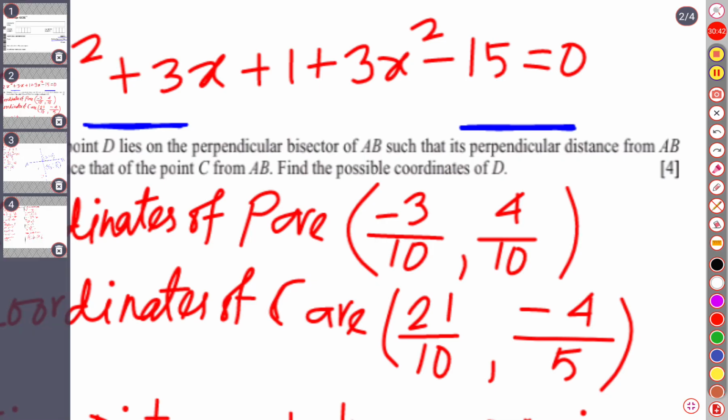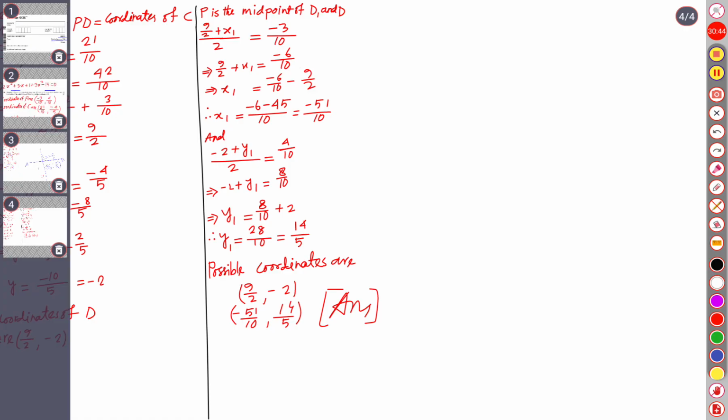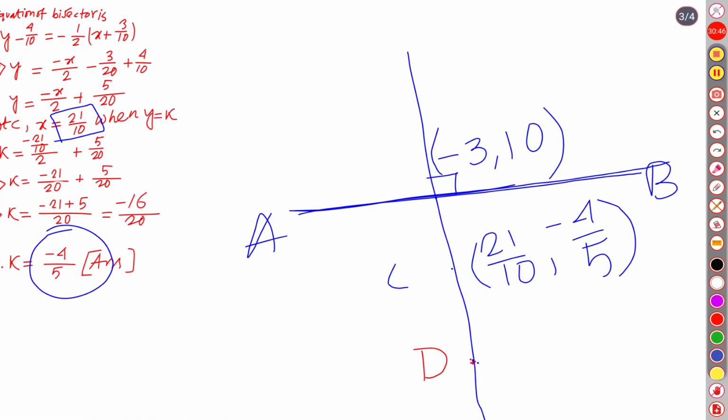So from AB, the perpendicular distance from this point until C is half the distance to D. Let us call this point P. So from P, the distance PD is double the distance PC.